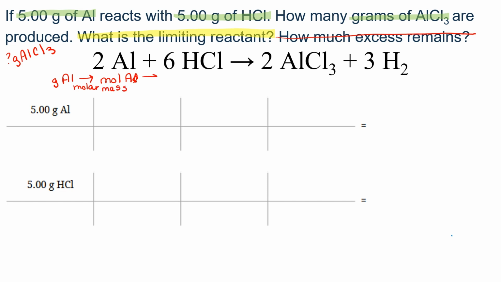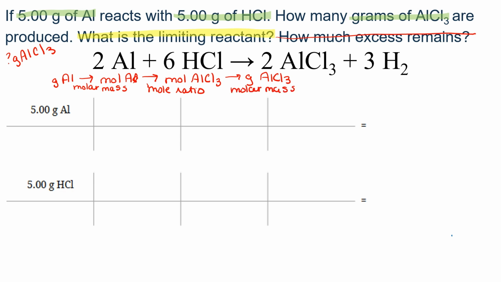Then I'm going to convert my moles of aluminum to moles of aluminum chloride. And I'm going to use my mole ratio. And then I'm going to go to grams of aluminum chloride using molar mass.